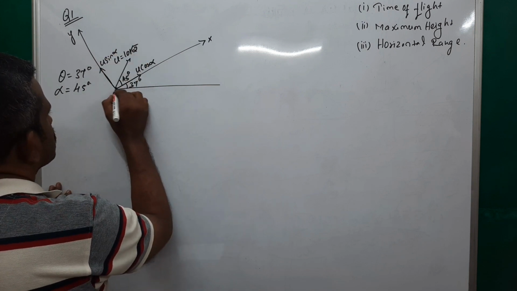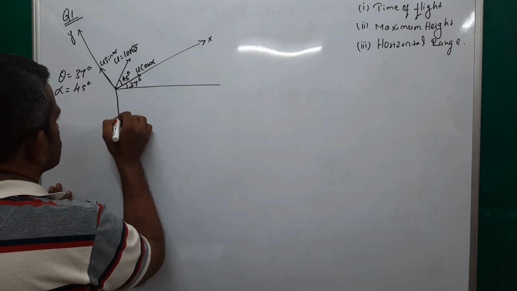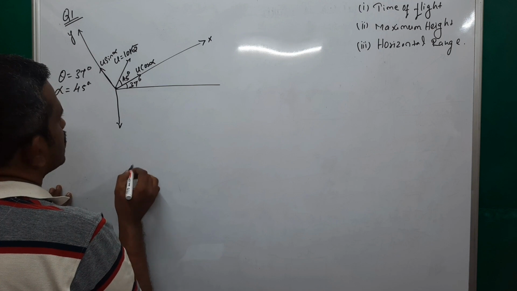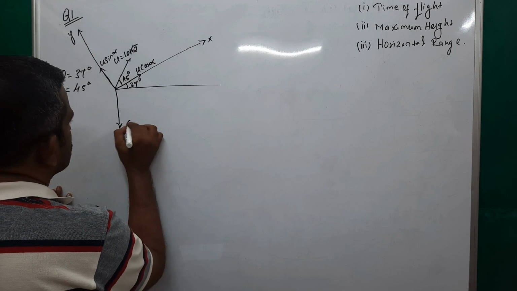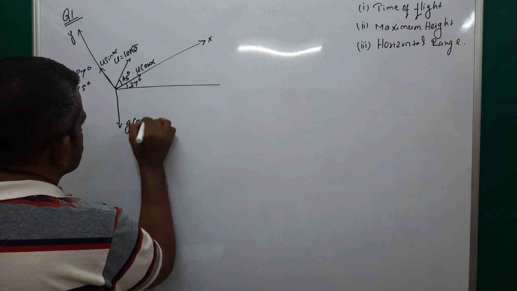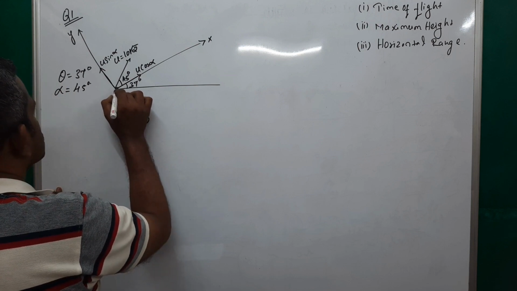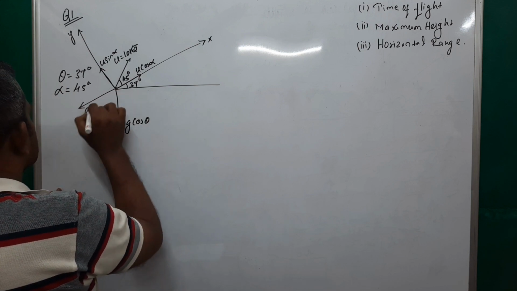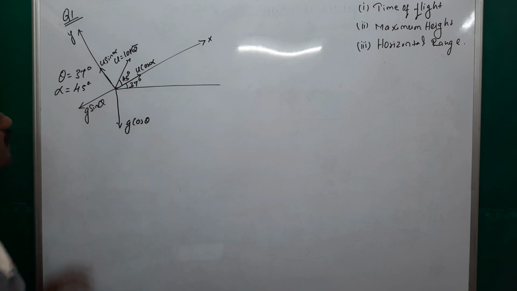And this is the vertical component of acceleration, that is g cos theta, and this is the horizontal component of acceleration, that is g sin theta.